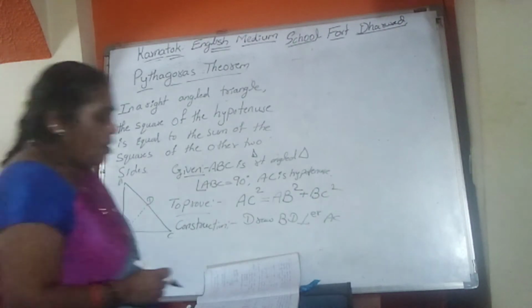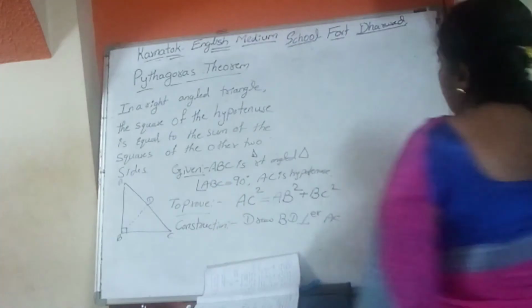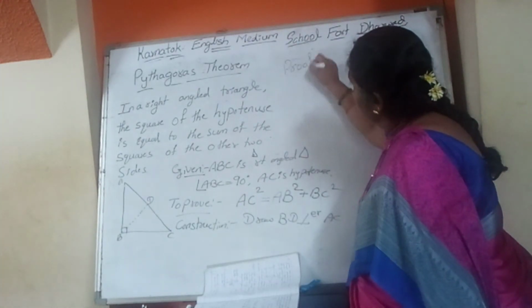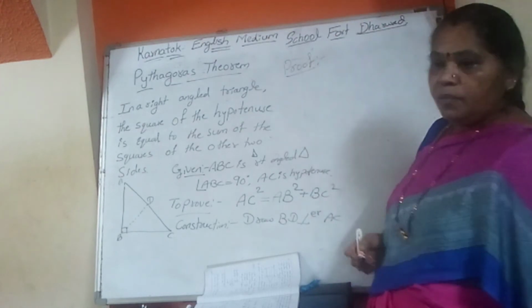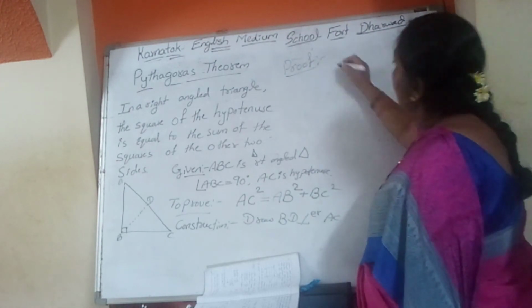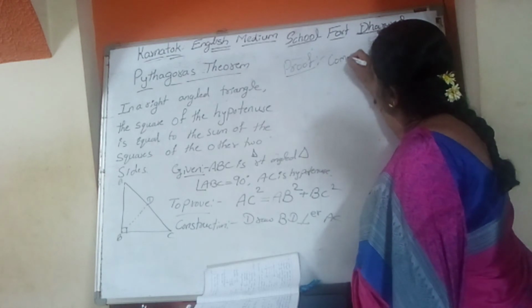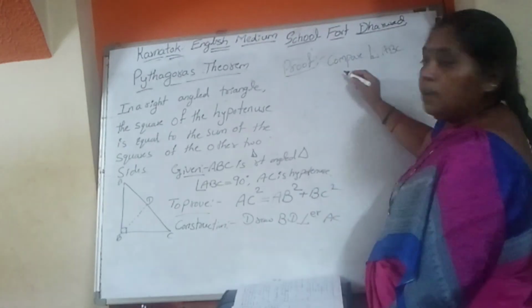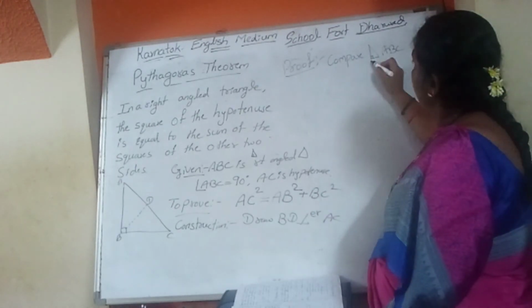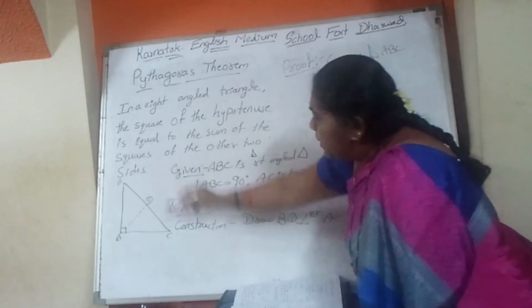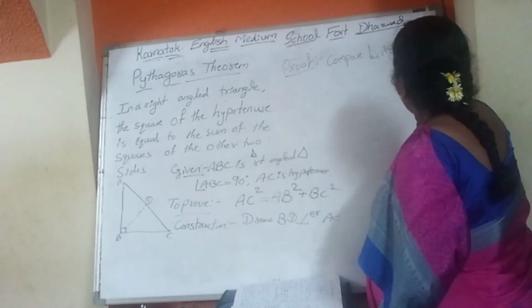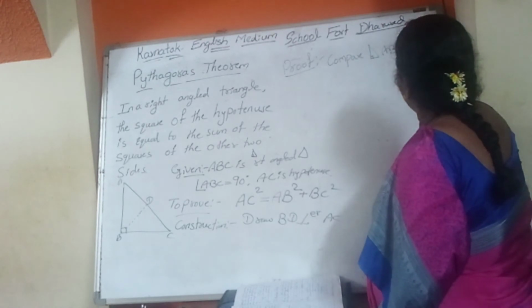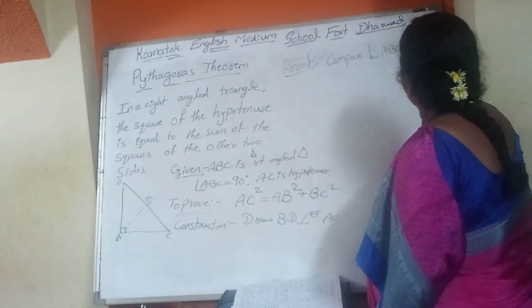Now prove. How can you prove this? Compare right angle triangle ABC and right angle triangle ABD.